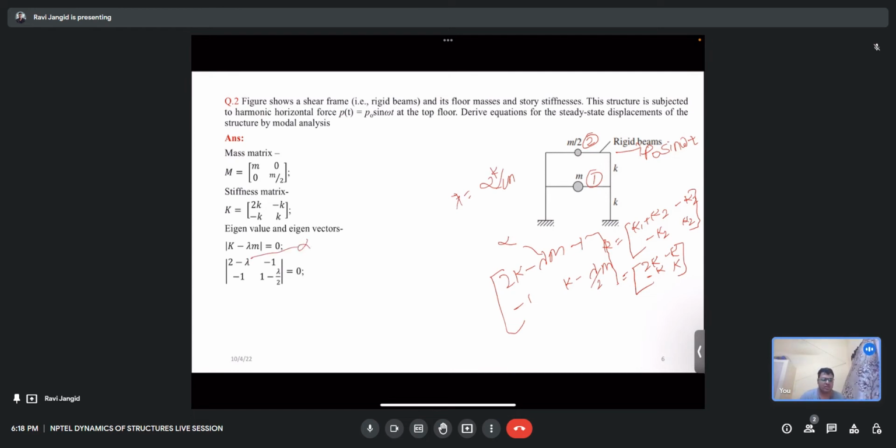After solving this equation I get a polynomial of degree 2, and solving it I get lambda 1 equal to 2 minus square root 2, and lambda 2 equal to 2 plus square root 2, multiplied by k by m.